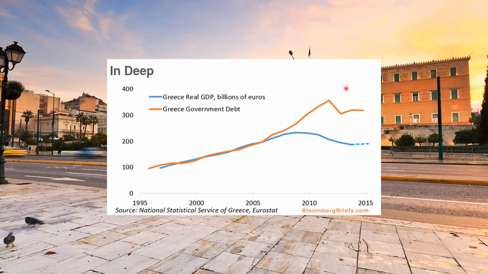So the gap between what the government owes and the economy's ability to generate tax revenue to maintain that debt has dramatically diverged since the late 2000s.